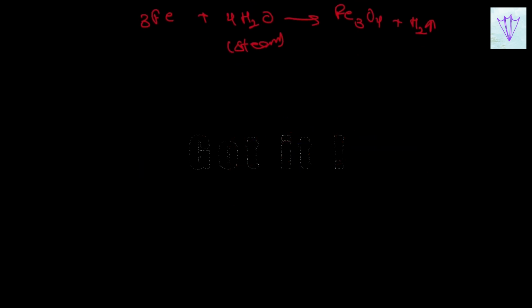The next reaction we are going to study is the reaction of metals with dilute acids. Metal salts and hydrogen gas are produced when a metal reacts with dilute acids like hydrochloric acid and sulfuric acid.